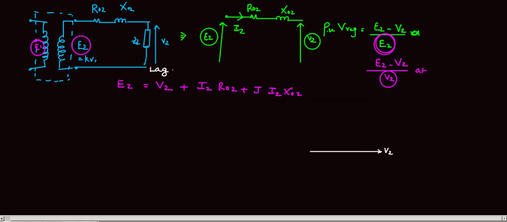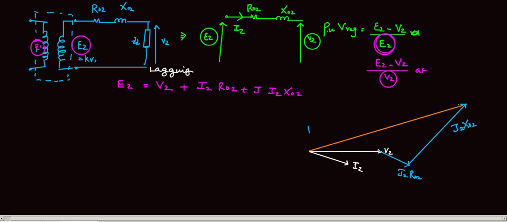Then E2, and you have I2, I2 R02, and j I2 X02, and finally E2.